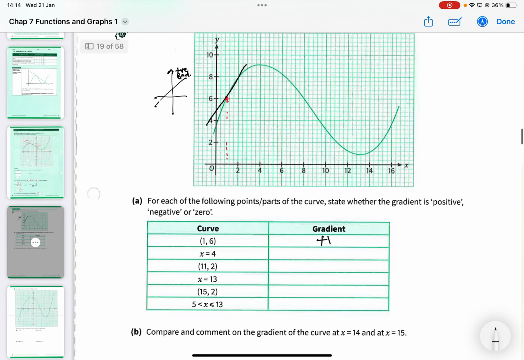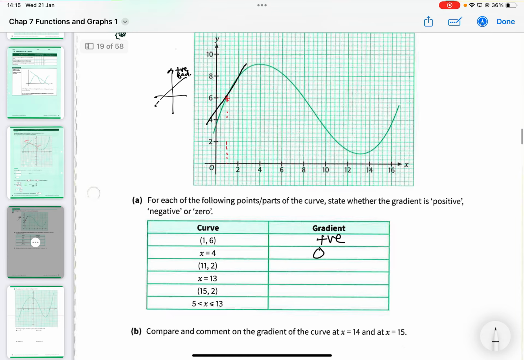So here is positive gradient. When x equals 4, I go to my curve. It is horizontal. Horizontal means it is 0.